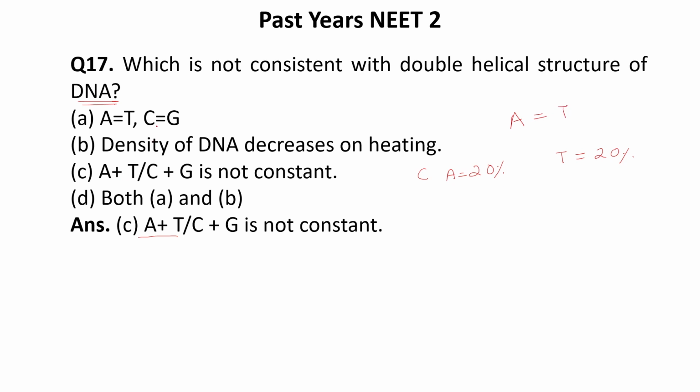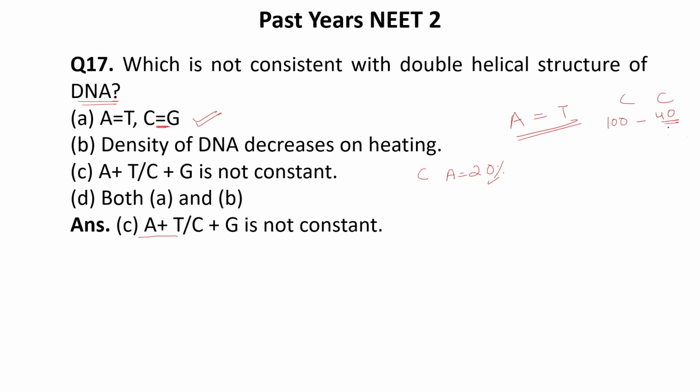Here it should be triple bond, so this is correct. Coming back to this, what will then be C and G percentage? Total is 100%. If we add 20 plus 20, it will be 40%. A and T combined will be 40%.